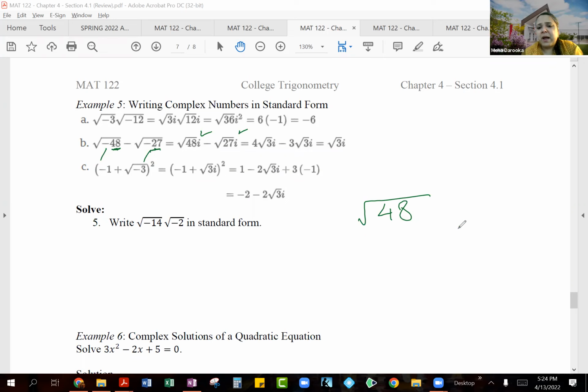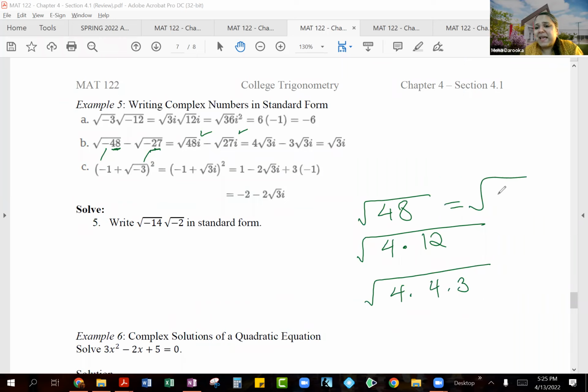So then you have to think about, what can I break down 48 into where it would have a perfect square as part of it. So you can think about maybe starting out with a 4. If you start out with a 4, it will break this down into 4 times 12. But 12 can also be broken down into 4 times 3.